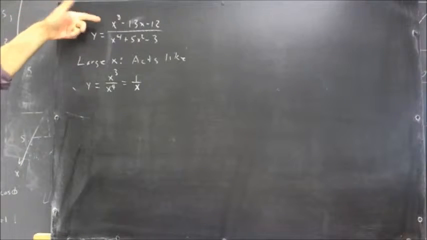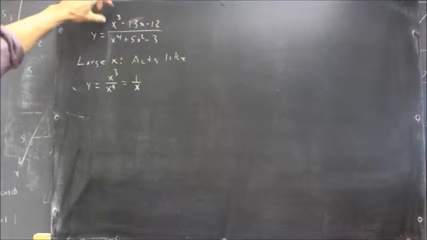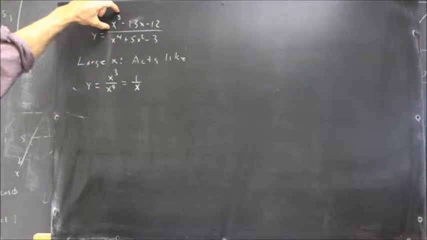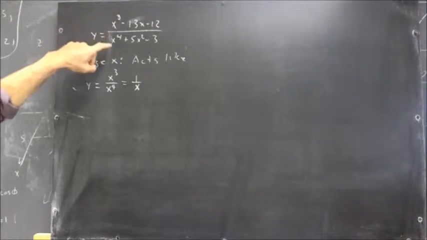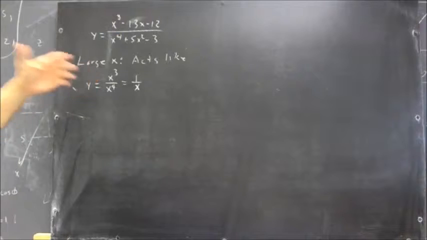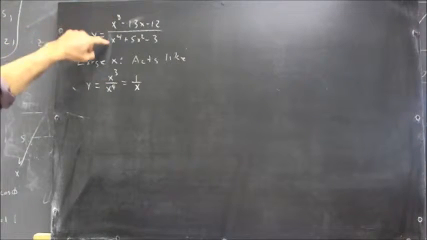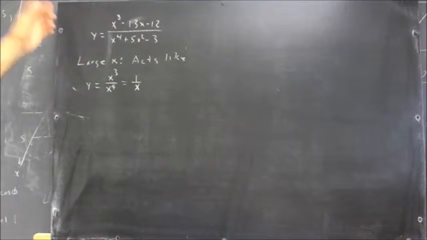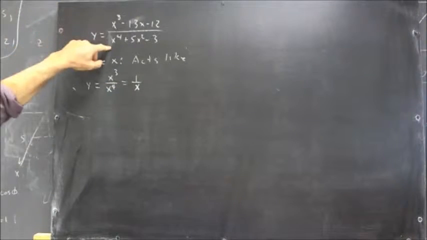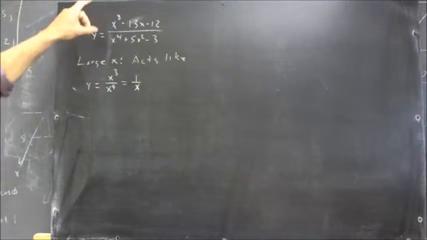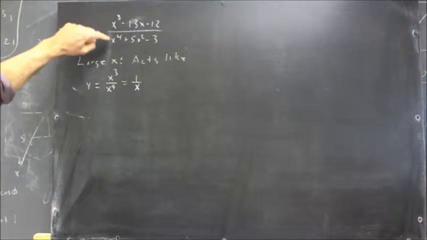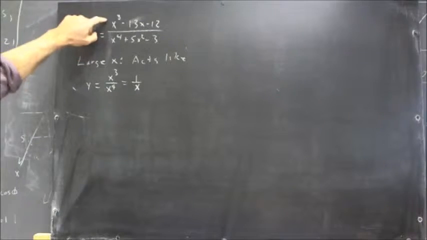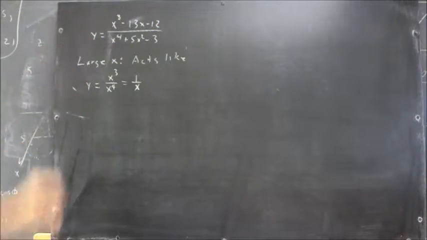And we can also say, well, if x is really a large positive number, x cubed is a really, really large positive number, but x to the fourth is an even bigger one, so that when we divide this by this, we get a really small result. Or if x is a large negative number, we again get a really small result, although if x is a large negative number, this is negative and this is positive, so we're going to get a really small negative result.